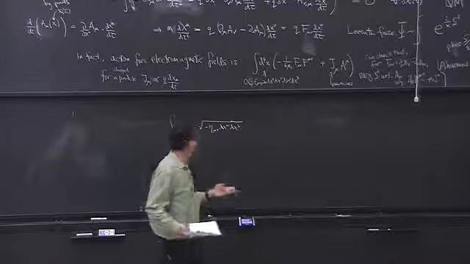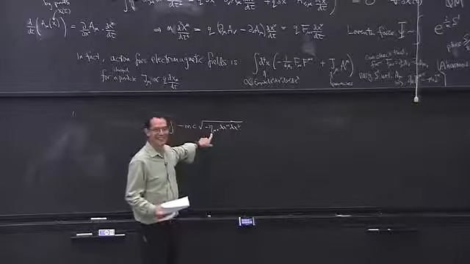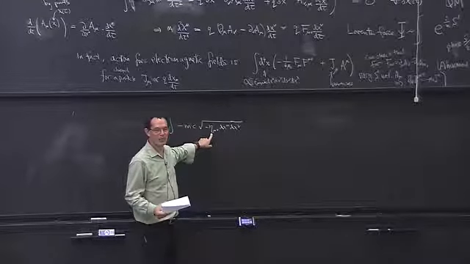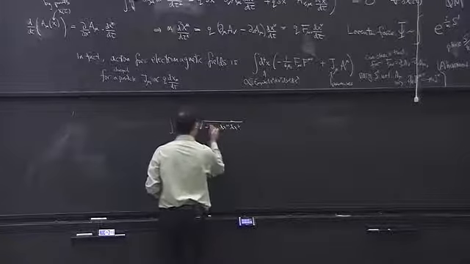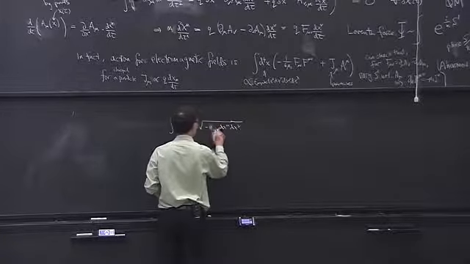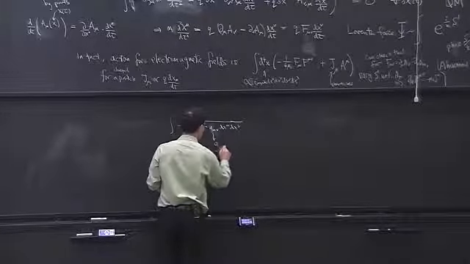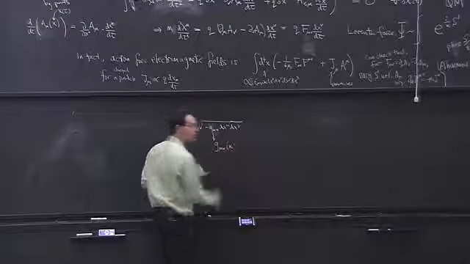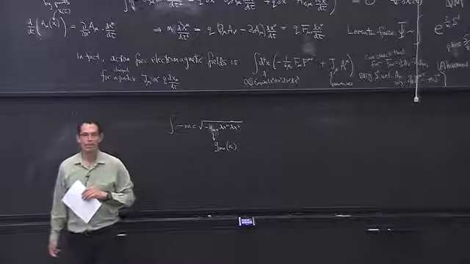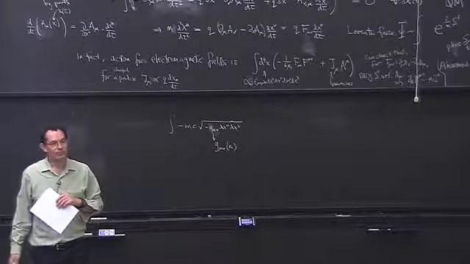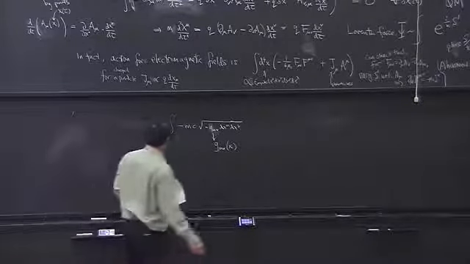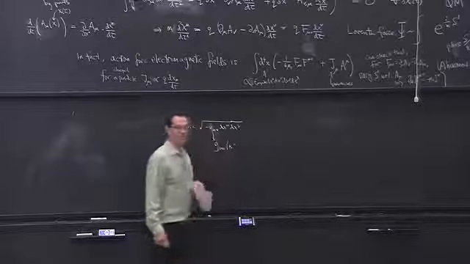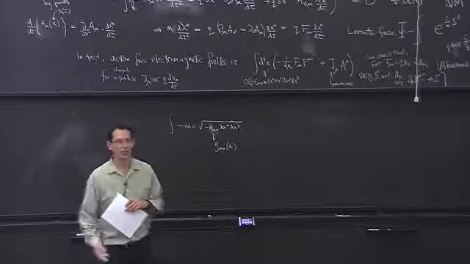But there's one sitting there already. So why don't we just change this guy? That's all gravity is. Gravity is just this eta mu nu changing to g mu nu, which is a function of x. So already in the point particle action, there's a suggestion as to how to couple the particle to gravity.